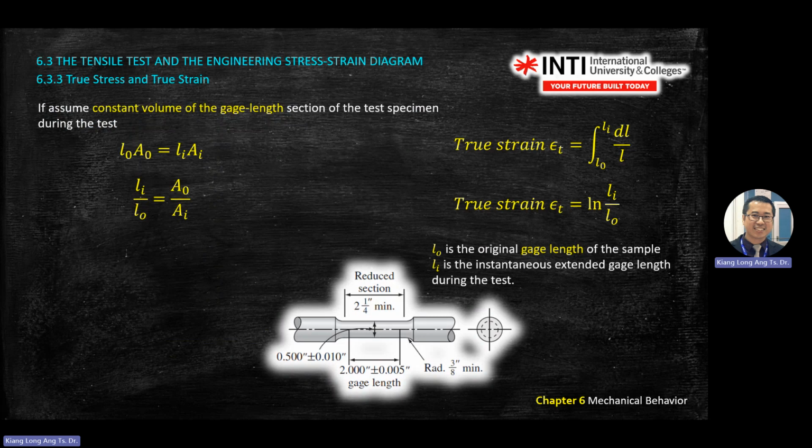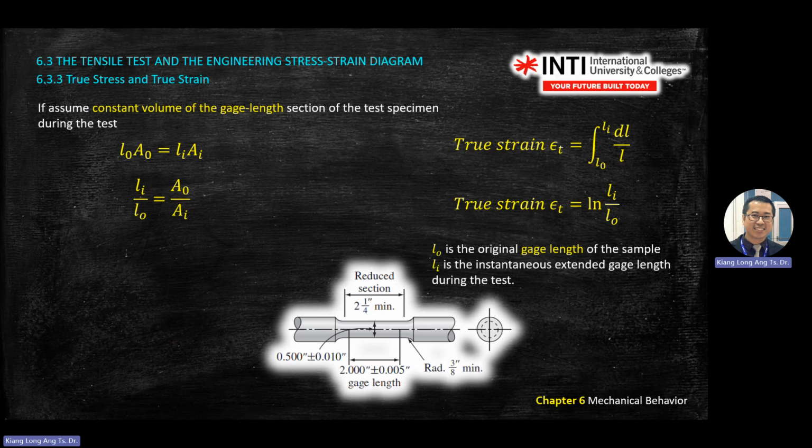So if we assume in our calculation of true strain that we have constant volume of the gauge length section, I mean if we test this specimen, we assume the volume doesn't change. No matter how much you pull, the volume of this cross section will be the same.